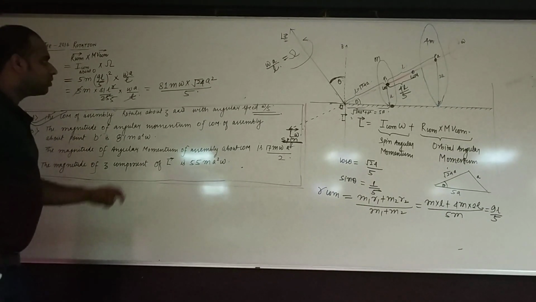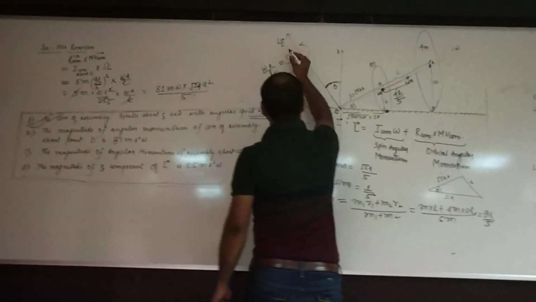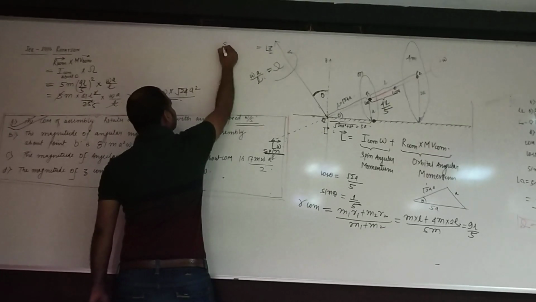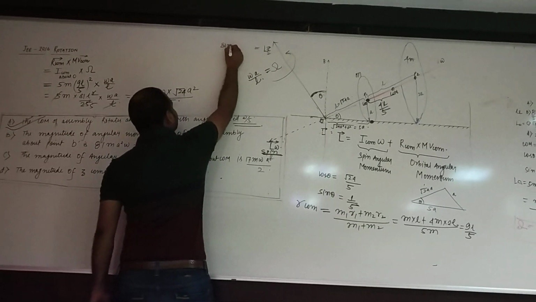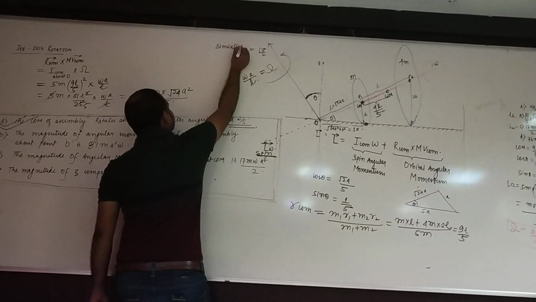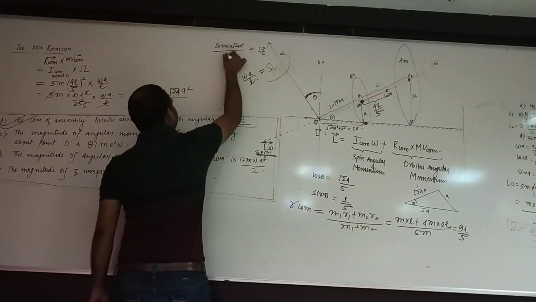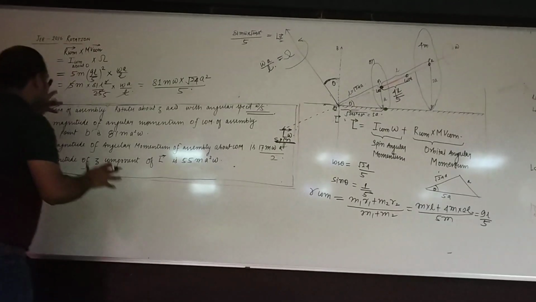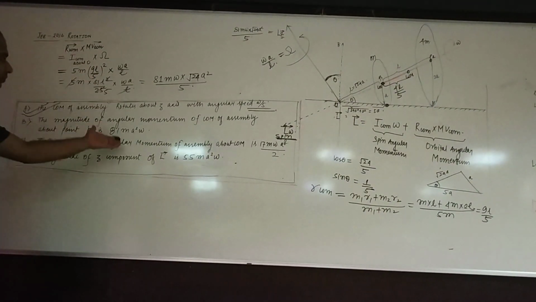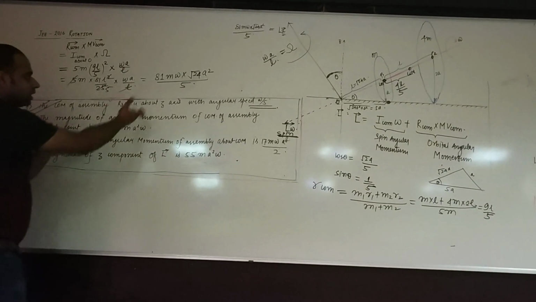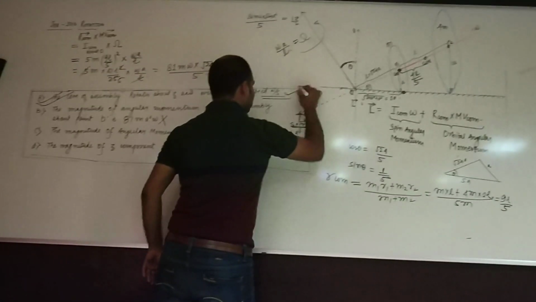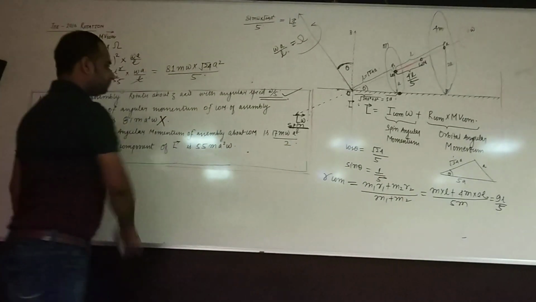So we have got the angular momentum about this point as 81 m omega root 24 a square upon 5. Though it is quite tempting that we have a 81, we can mark it as 81, but the other part of this answer doesn't match, so this won't be a correct answer. This was correct, this is incorrect.